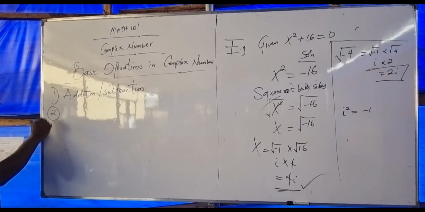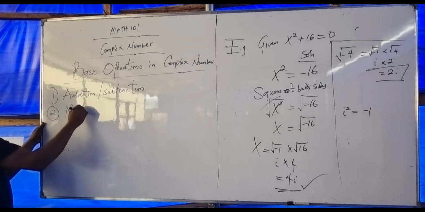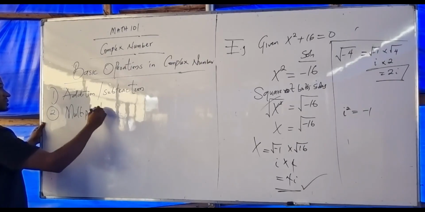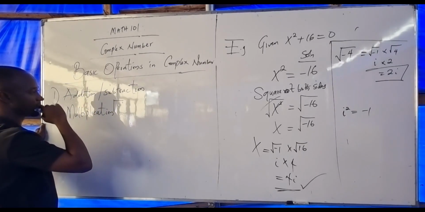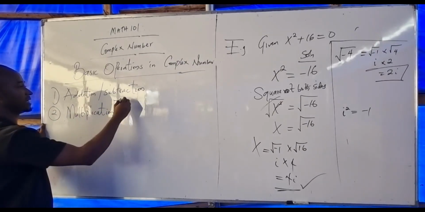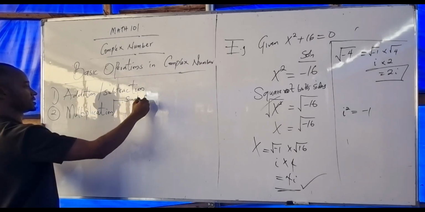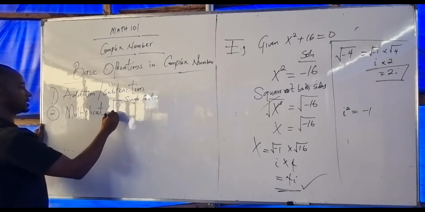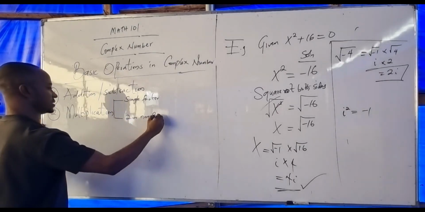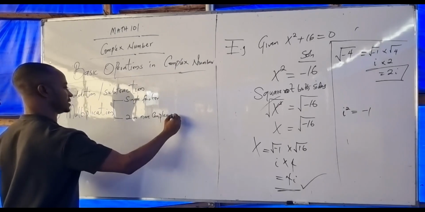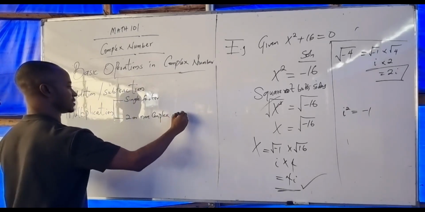Number 2, we have the multiplication. This is in 2 forms. We have the multiplication by a single factor, and this is by 2 or more complex numbers.